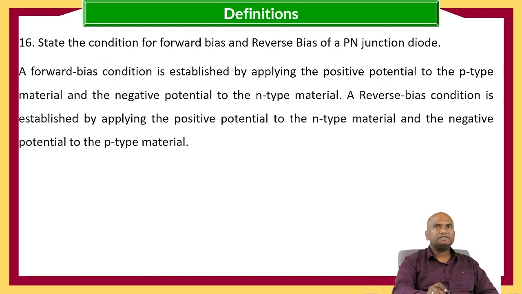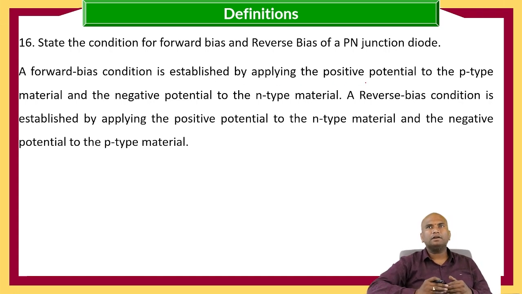The next one is, state the condition for forward bias and reverse bias of PN junction diode. Forward bias condition is established by applying a positive potential to p-type material and negative potential to n-type material, so that the holes in the p-type material will move towards the junction and the conduction will take place.